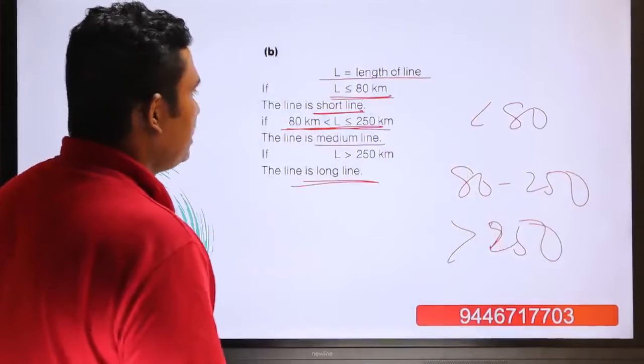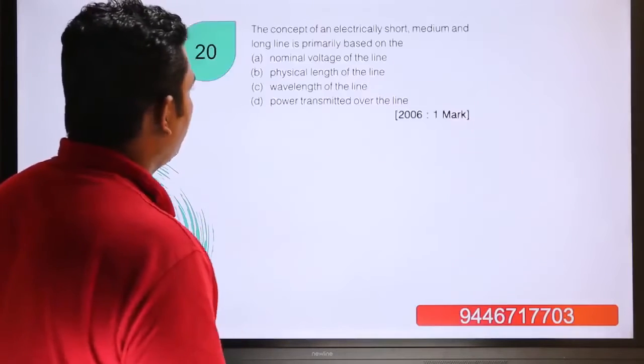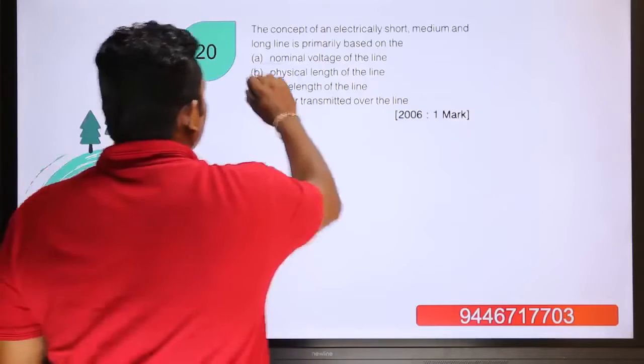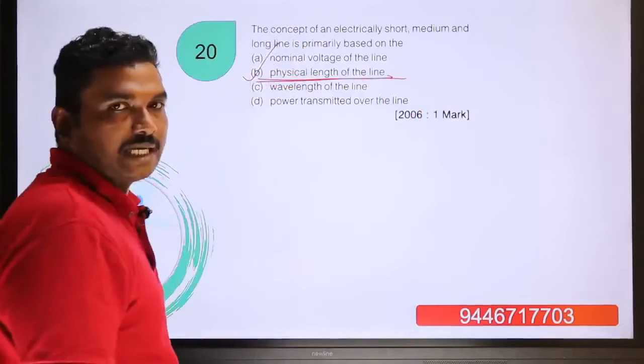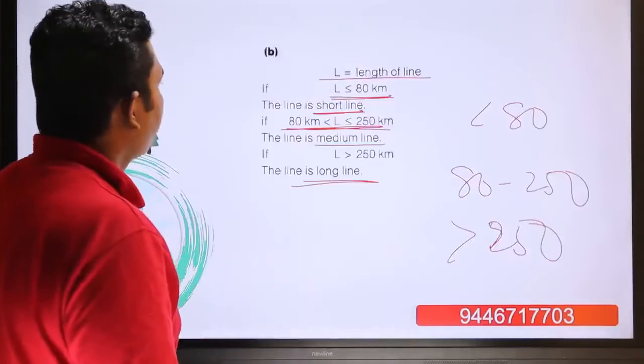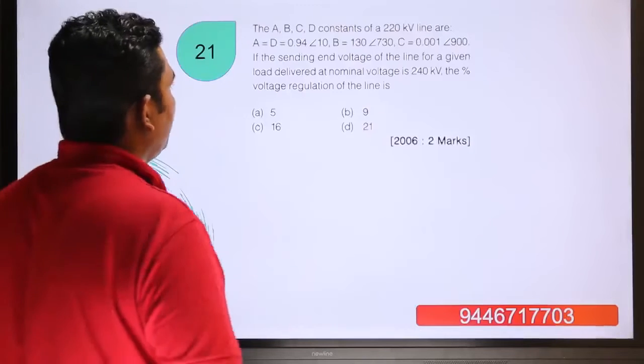So what is our condition of classifying a line into short, medium and long transmission line? It is purely based on the physical length of the line. So that is about question number 20. Moving into the next question, question number 21.